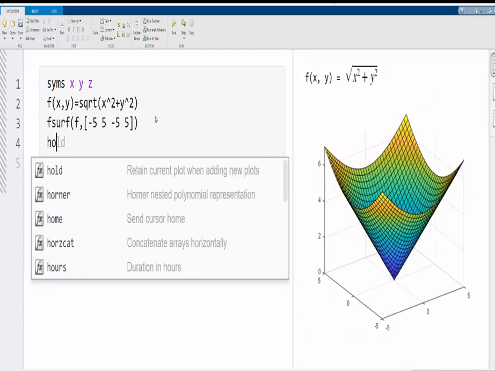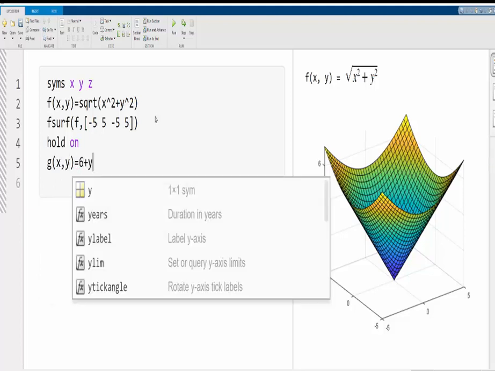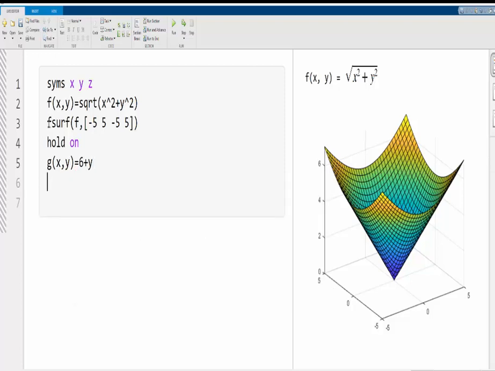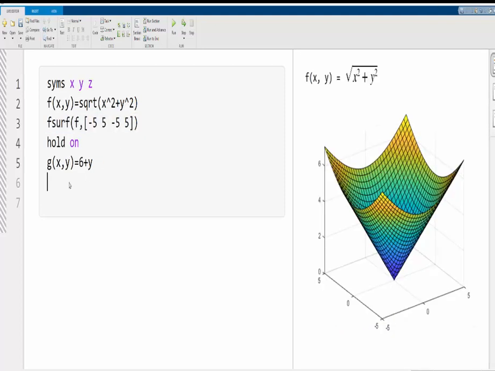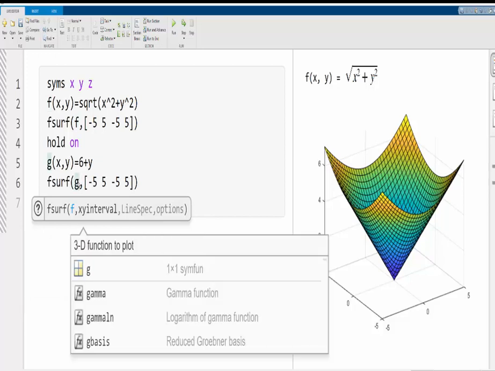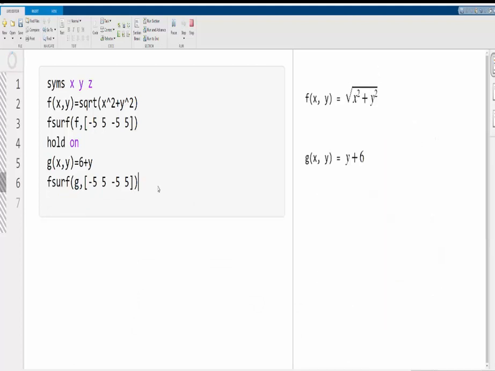I'll say hold on. All right, now I'm going to define my g(x,y), z as a function of x and y, as the other function. Who was that? 6 plus y, right? And then I'm going to say this here. So I'm saying fsurf, and here instead of f I have g, sorry, and I will do Control Enter again.